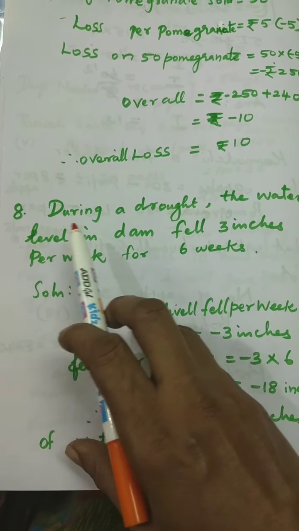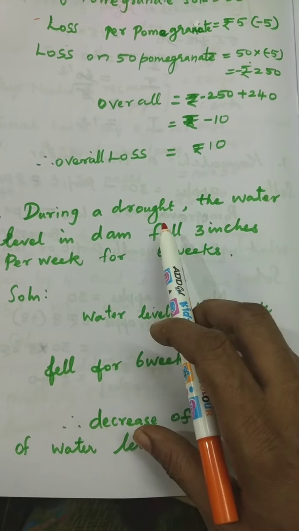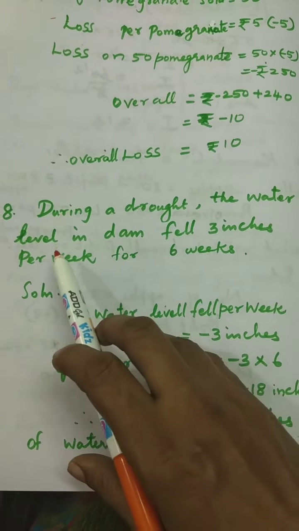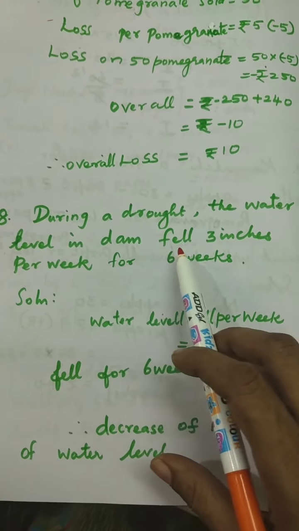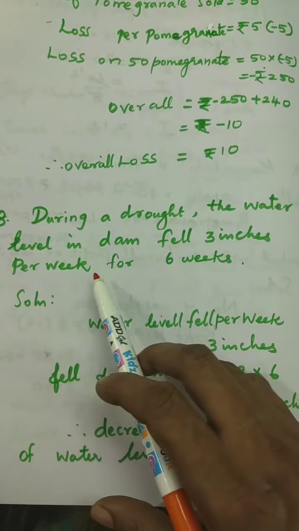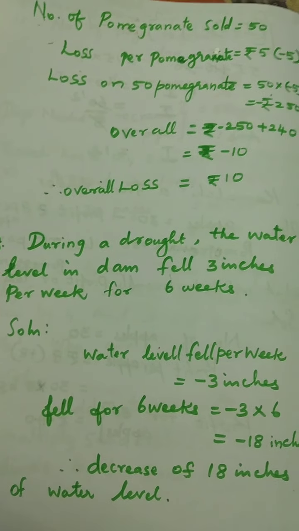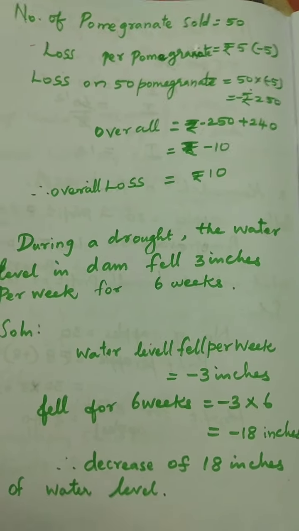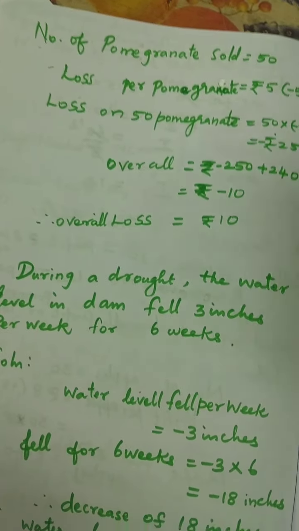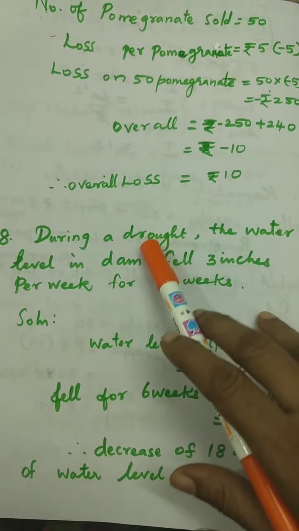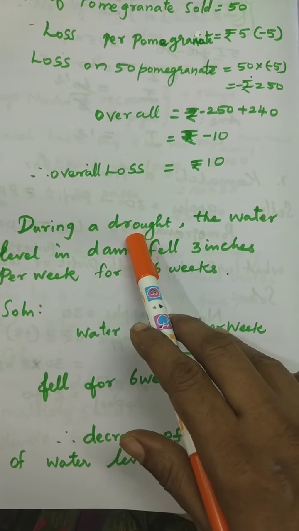8th problem. During a drought, the water level in a dam fell 3 inches per week for 6 weeks. What is meant by drought? Drought means there is no rain.